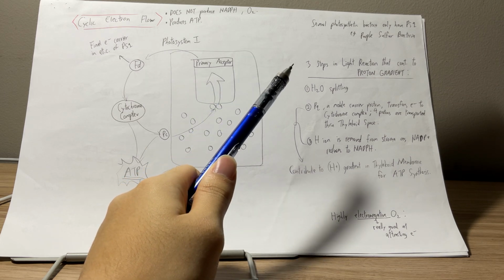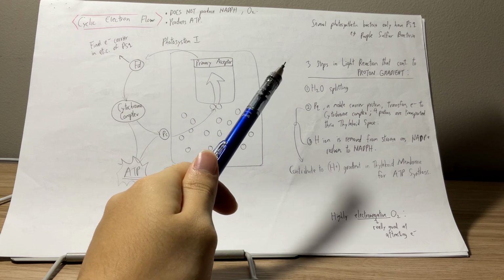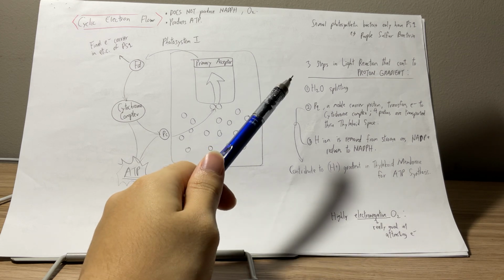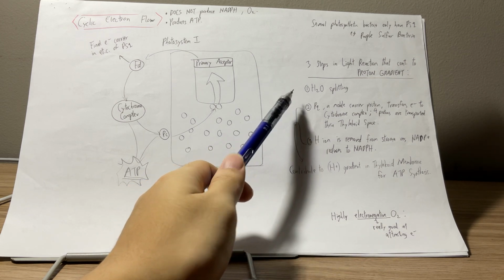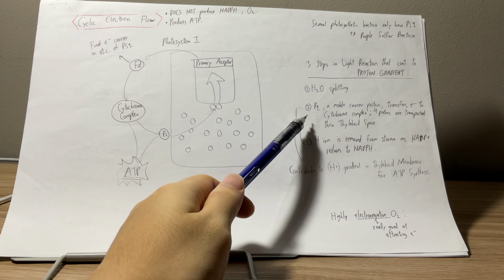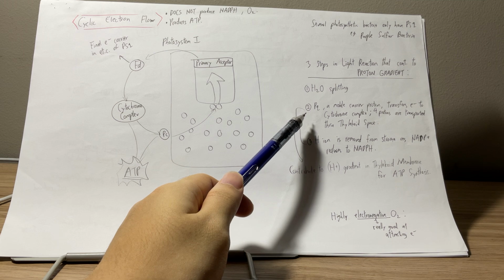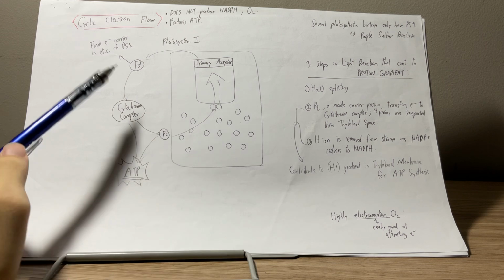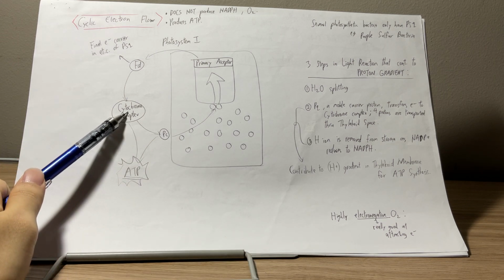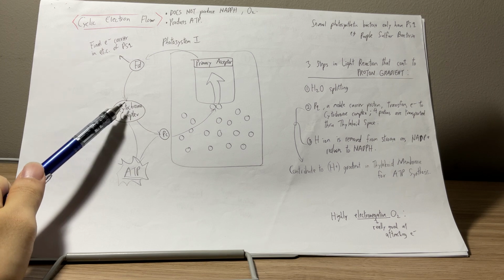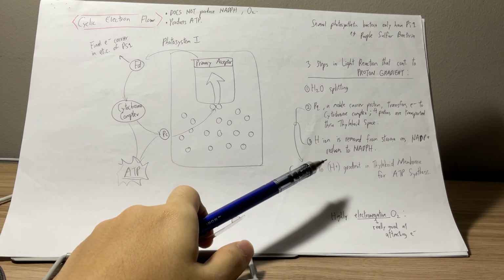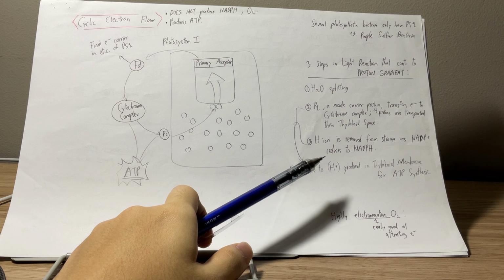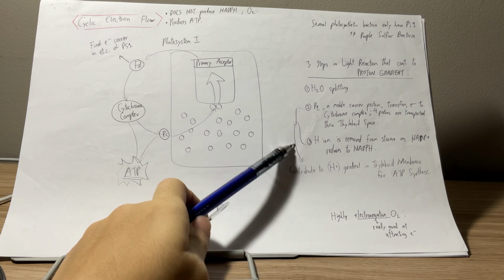There are 3 steps in the light reaction that contribute to the proton gradient. So we have water splitting, then PQ, a mobile carrier protein. It transfers electrons to the cytochrome complex, which is this. 4 protons are transported through the thylakoid space. H ion is removed from the stroma as NADP+ reduces to NADPH.